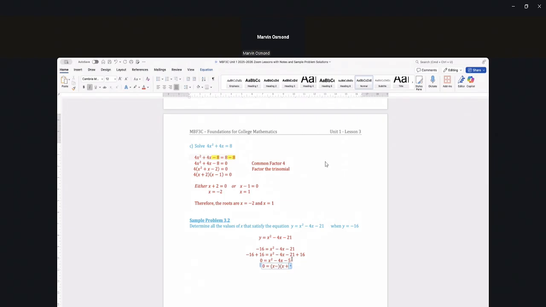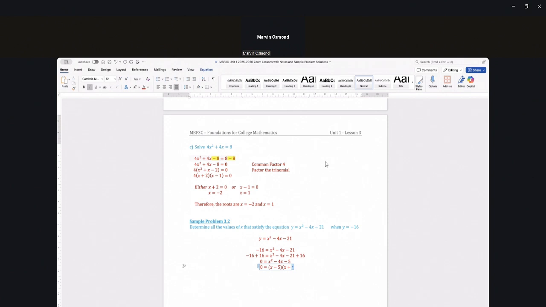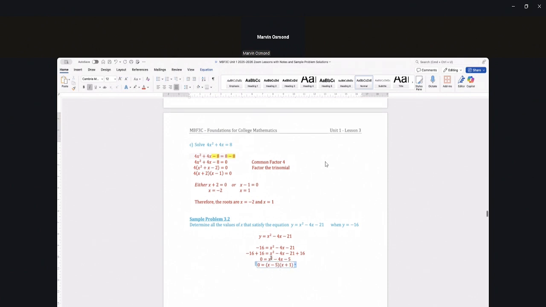Okay. So we get a negative 5 when I multiply, and negative 4 when I add. So it's going to be x minus 5 times x plus 1. And so that means either this is 0 or that is 0.